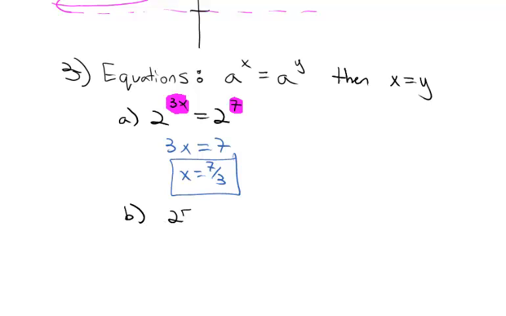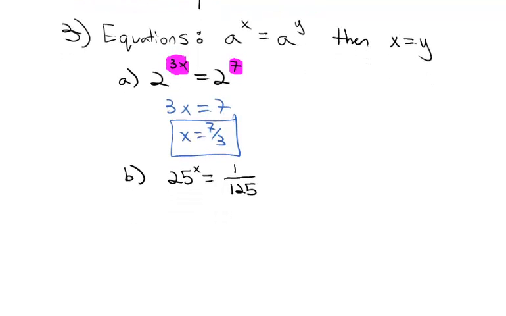How about 25 to the x equals 1 over 125? These sides both have different bases, and so they're not going to work as nicely unless we can get them to have the same base. And you'll recall that 25 is 5 squared, to the x.